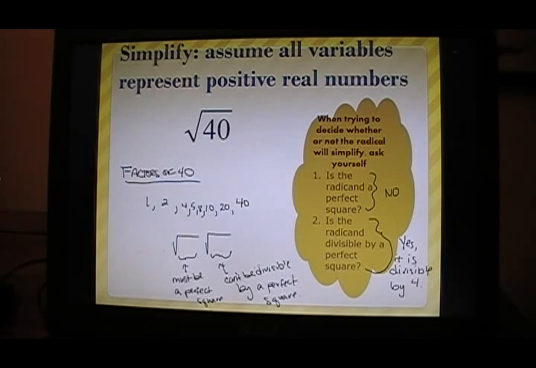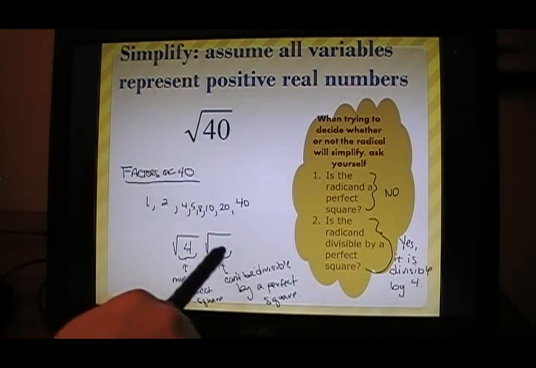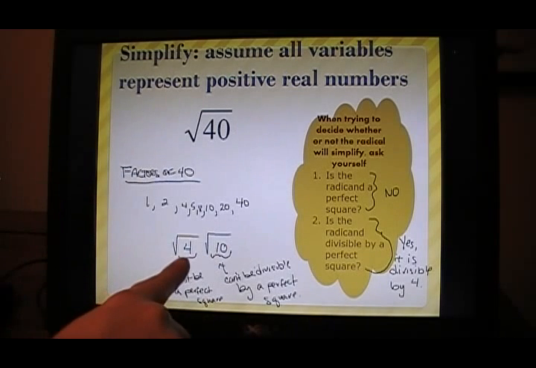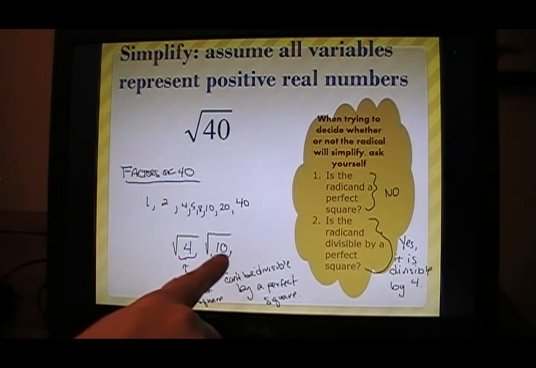So I found that the perfect square factor of 40 is 4. What do I multiply 4 by to get 40? That number is 10.